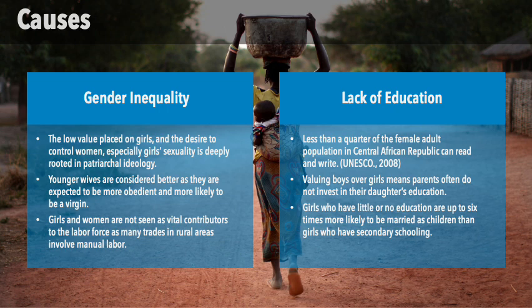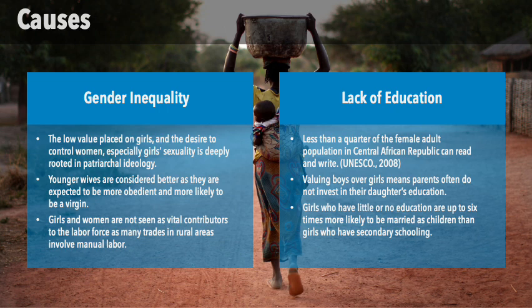Because there is such a low value placed on girls, the desire to control women, and especially young girl sexuality, this patriarchal ideology that girls belong to men and that they will do what men want them to do is exemplified. Younger wives are considered to be better as they are expected to be more obedient and more likely to be a virgin.